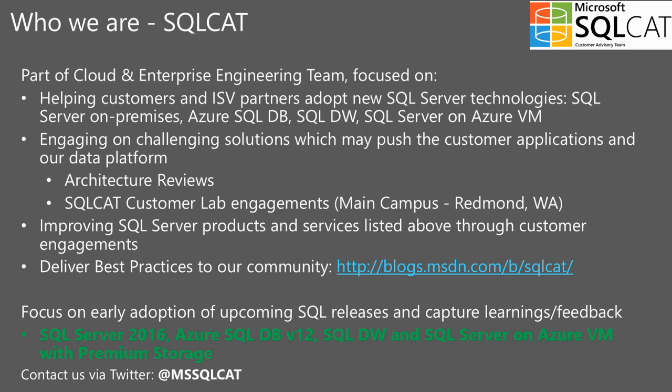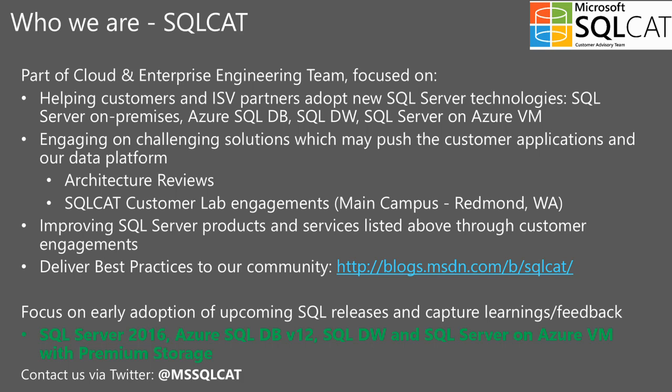So again, just a little bit more on our team. We have three primary goals and objectives. The first is working with customers that are testing out new features, testing out new functionality, and pushing some of the limits of our products. We want to make them successful. And in working with those customers, we get to learn a lot about how the product is used in the real world as well.